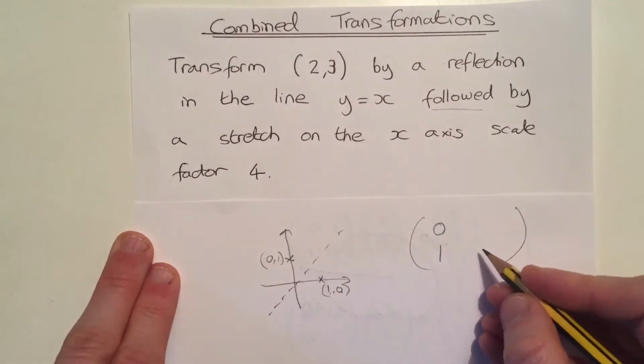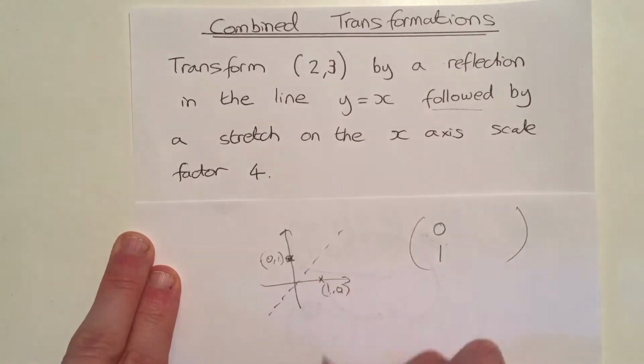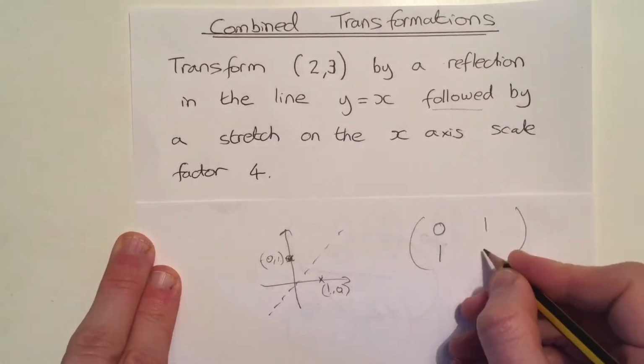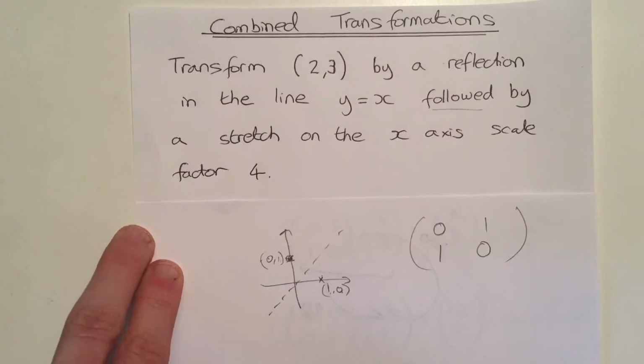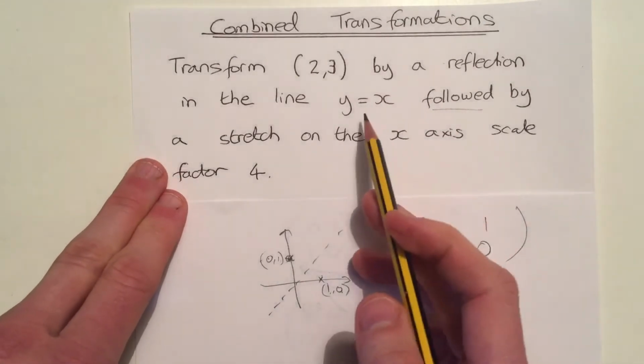To get the second column, I need to consider what happens to the point (0, 1) as I reflect it in the line. Well, this becomes this. So this is my second column. So this is the matrix that represents a reflection in the line y = x.